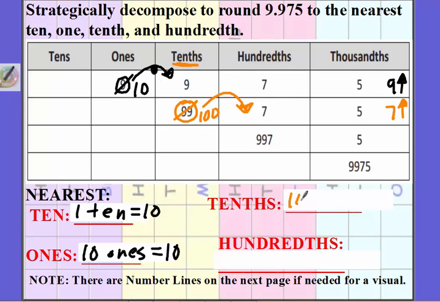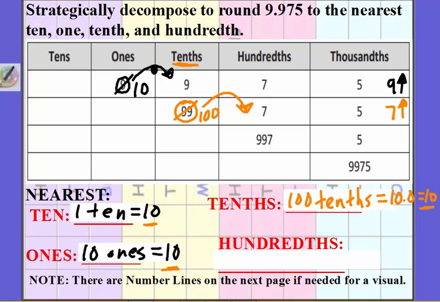I have 100 tenths, and what does that equal? Well, that equals 10.0, which equals 10. So again, I have that same thing. I can get the same answer by rounding up. It doesn't happen very often, but it is a scenario that is possible.